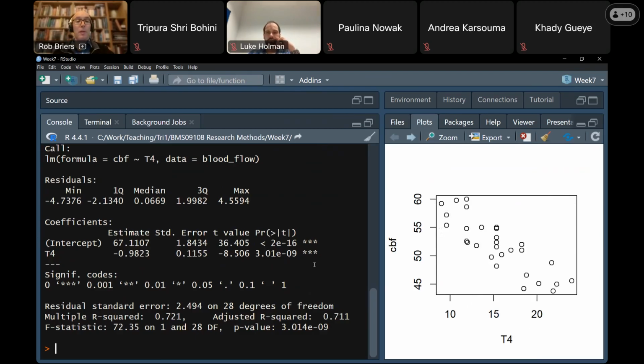Now the bits up here tell us more about that relationship. So the coefficients table tells us some important information about that relationship. The first thing here is telling you about how significant that variable is.